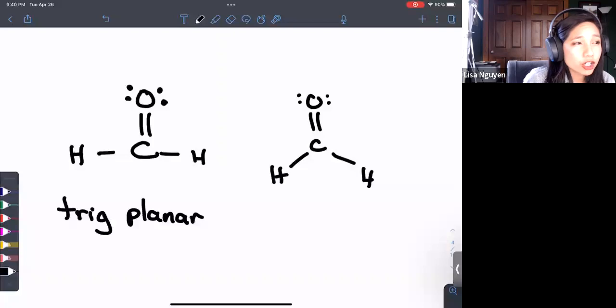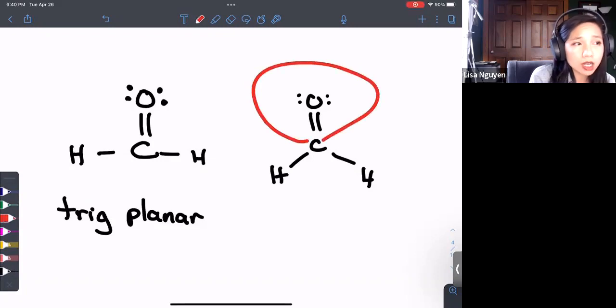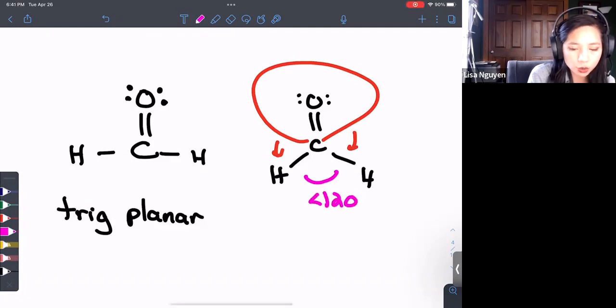If this was a perfect trigonal planar, it would be exactly 120 degrees, all of those bond angles. But because there's a double bond here, it pushes the hydrogen-carbon-hydrogen bond a little bit smaller. So this bond will be slightly less than 120 degrees.